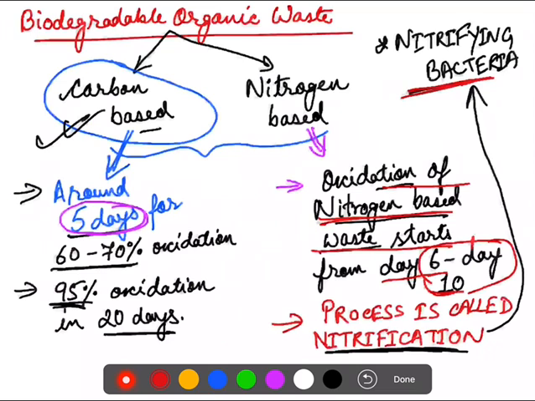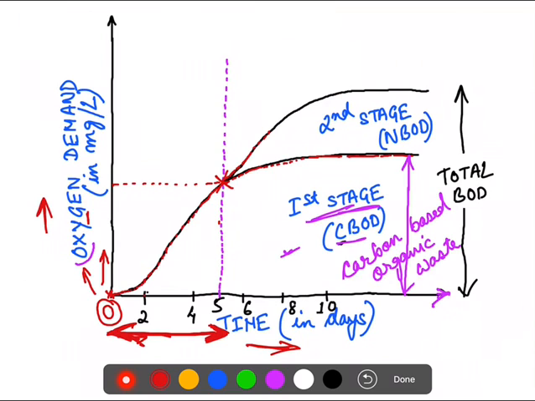Their growth rate is very low. So from day 6 onwards the growth of nitrifying bacteria increases. After day 5 you see there is a second graph which is growing, indicating that your nitrifying bacteria is now demanding oxygen.